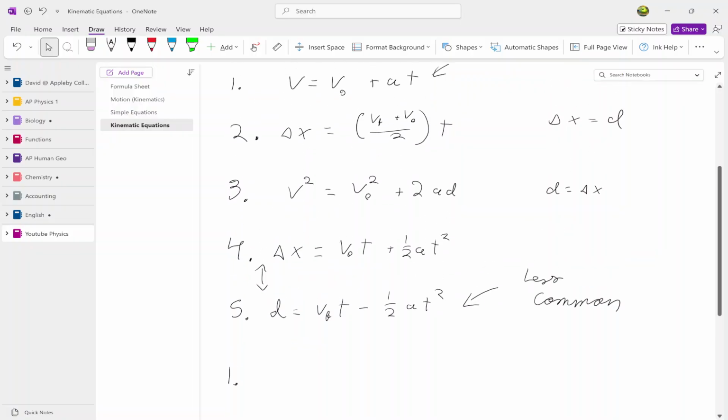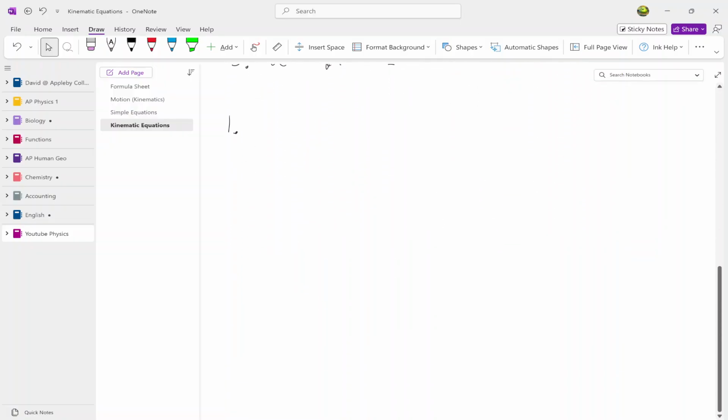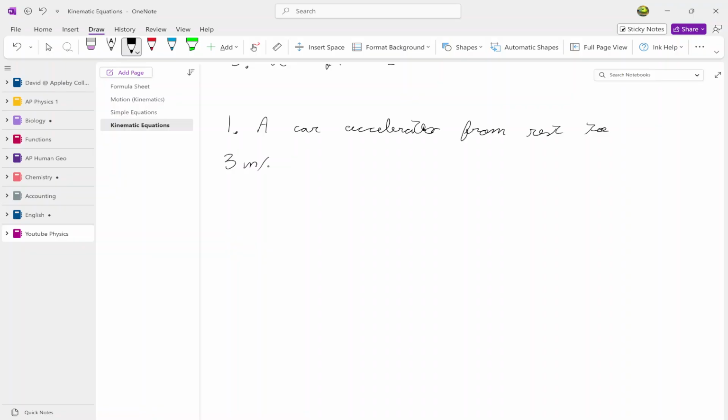So I'll make these kind of simple so we can use the equations. Let's say a car accelerates from rest to 3 meters per second in 4 seconds.